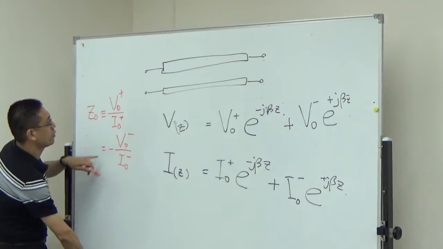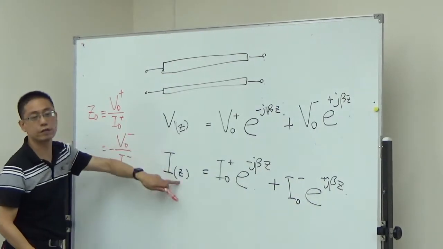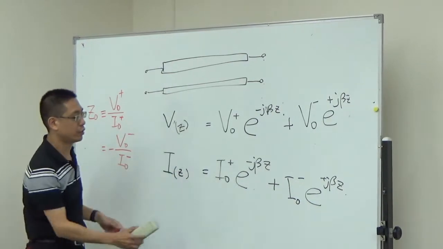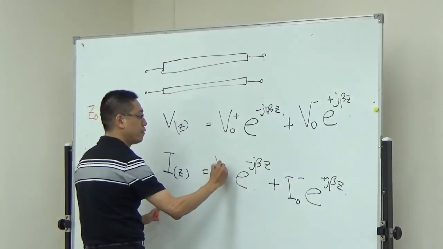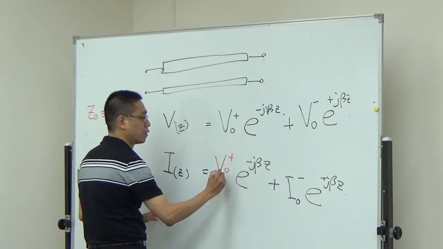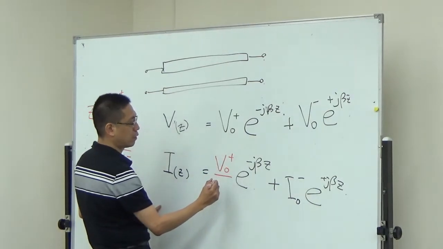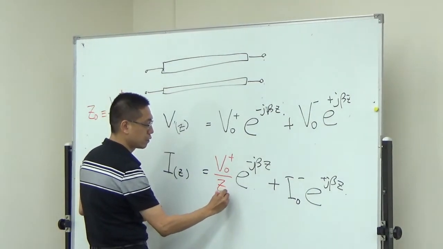So we can change these original equations to V over Z0.